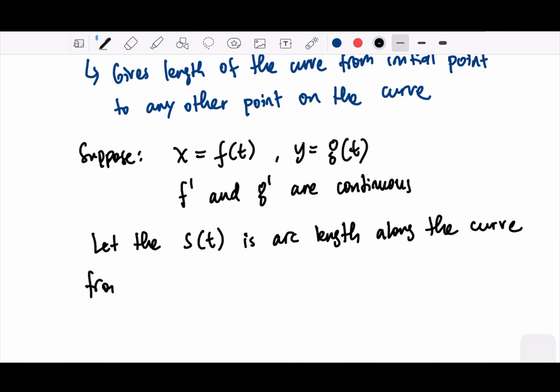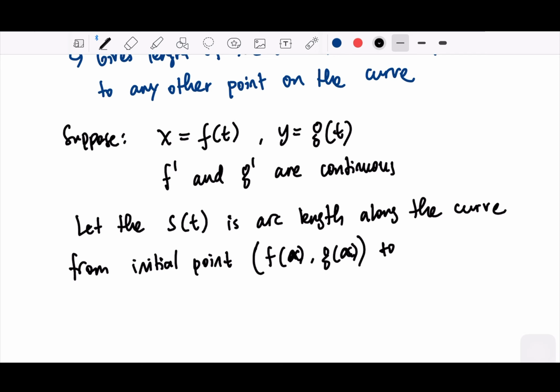Let's say from initial point, maybe t equal alpha, or xy is f alpha, g alpha, to point f of t, g of t.